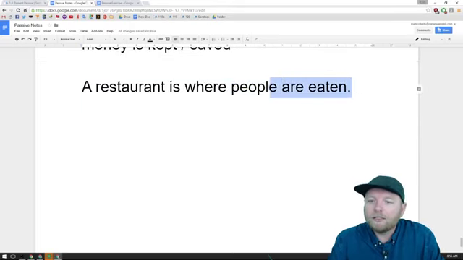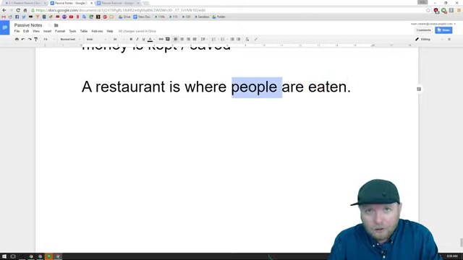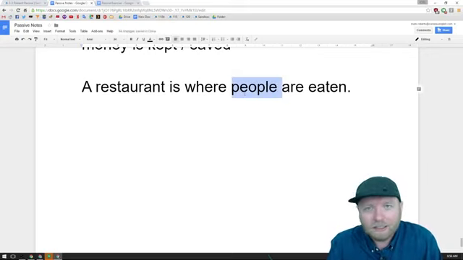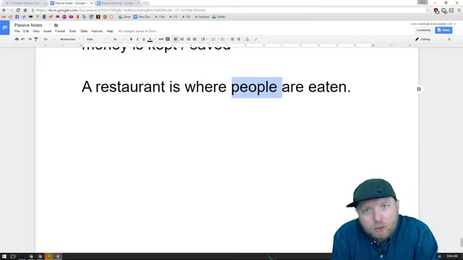Well, passive, that means this is the receiver of the action. So this means somebody eats people. Somebody eats people. People is not the receiver. People is the doer. People do the action.